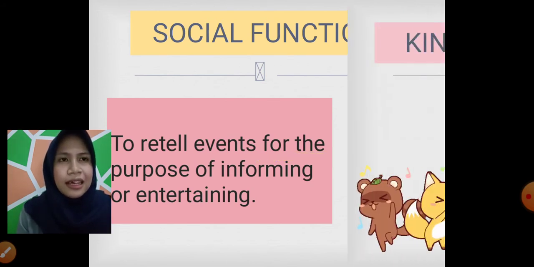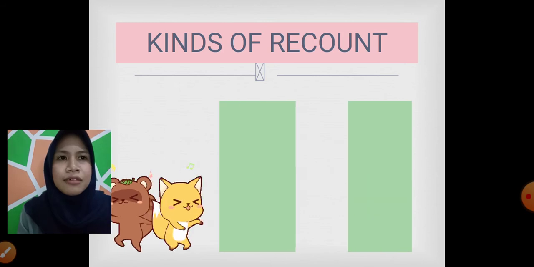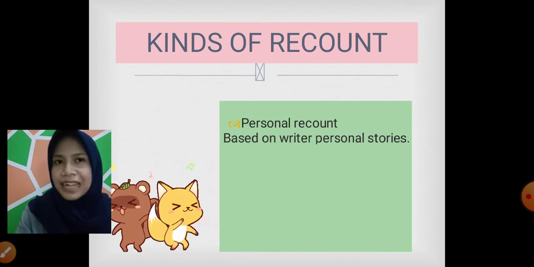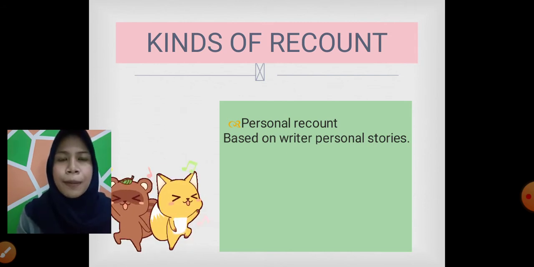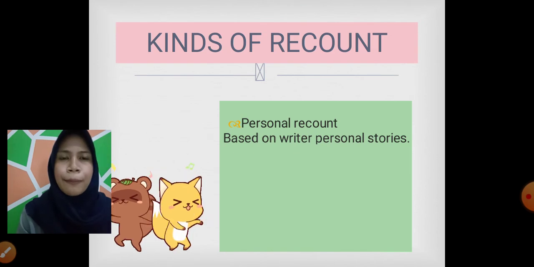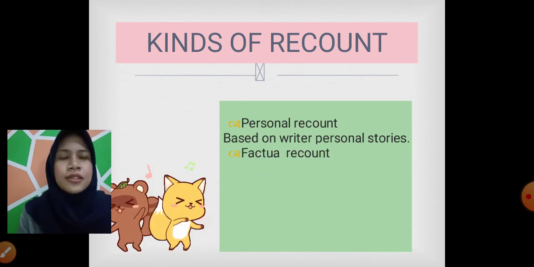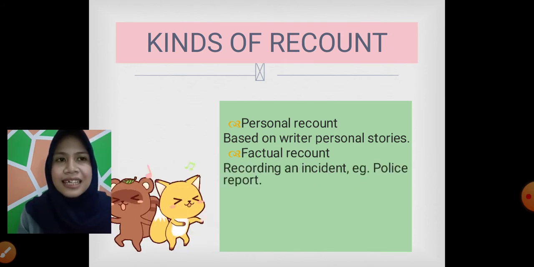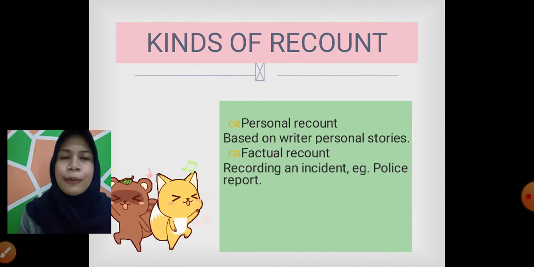Okay, the next is kinds of recounts. There are three kinds of recount text. The first is personal recount. The personal recount is based on the writer's personal story, so the writer's experience. The second is factual recount, recording an incident, like a police report.